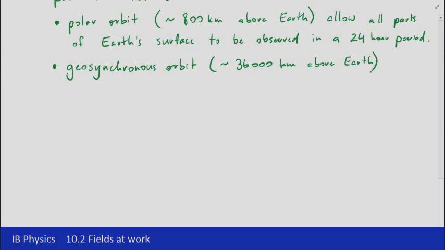So a geosynchronous orbit has a period of orbit of 24 hours.